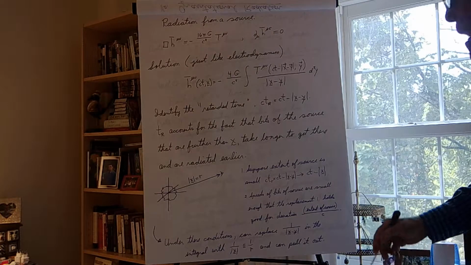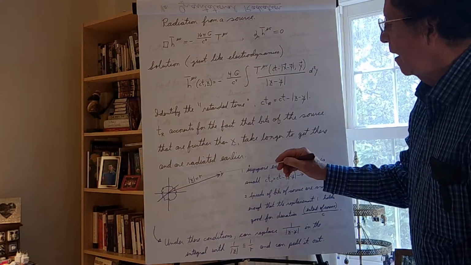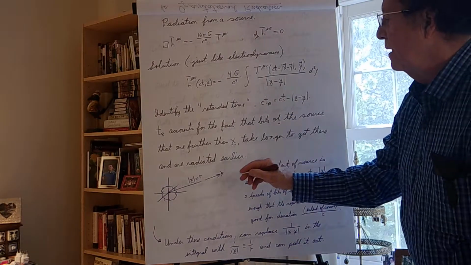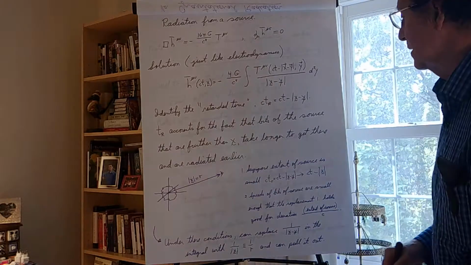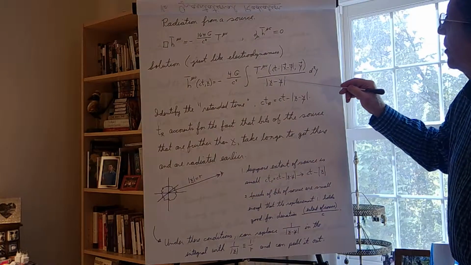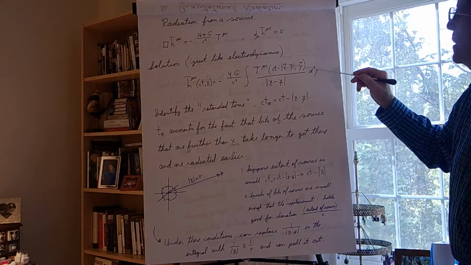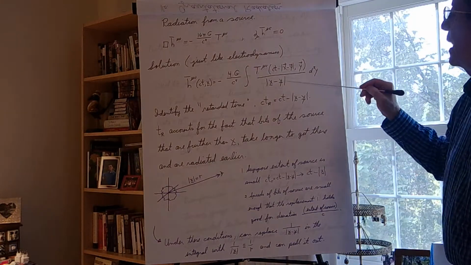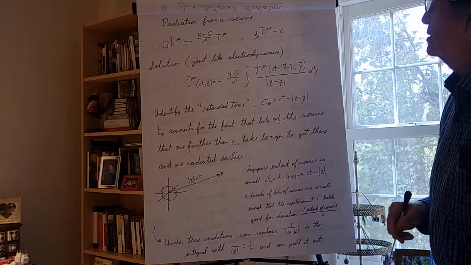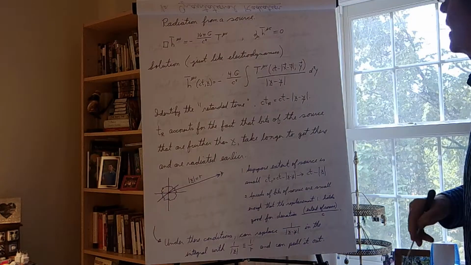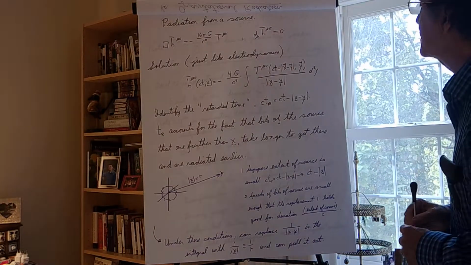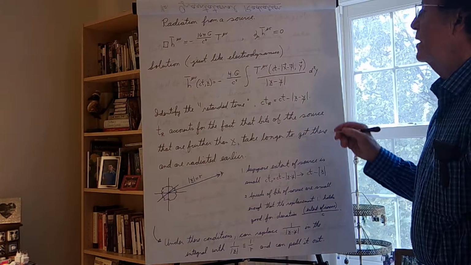Now, in my applications, this distance r, the magnitude of x, is much bigger than the size of the radiating source, and so I can pull it out. This is common to all the points that contribute to the integral. Let's say I put my origin of the coordinate system at the center of mass of the source.